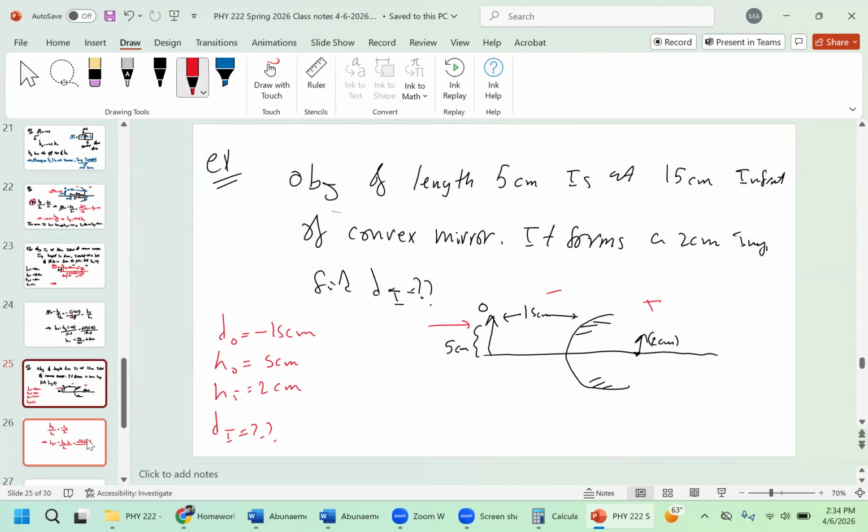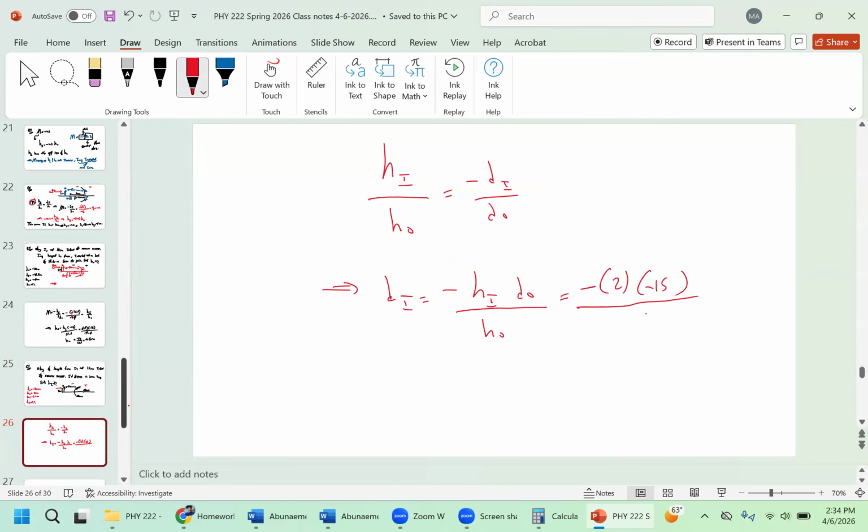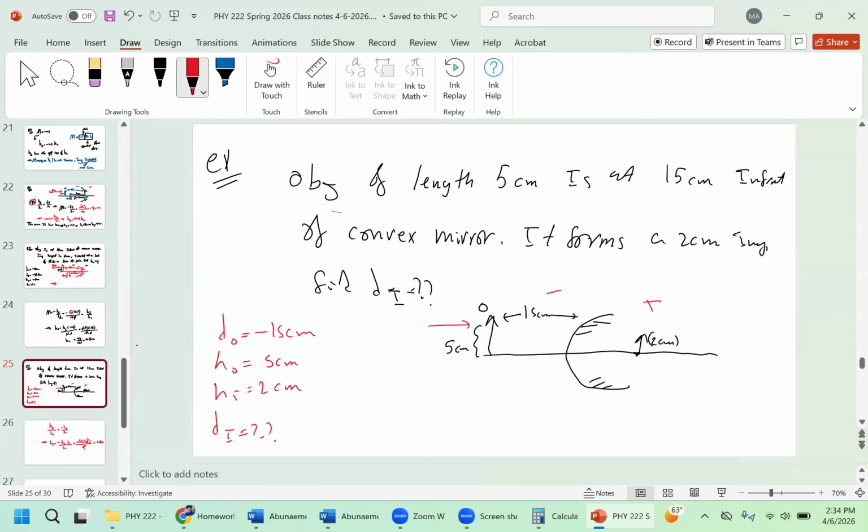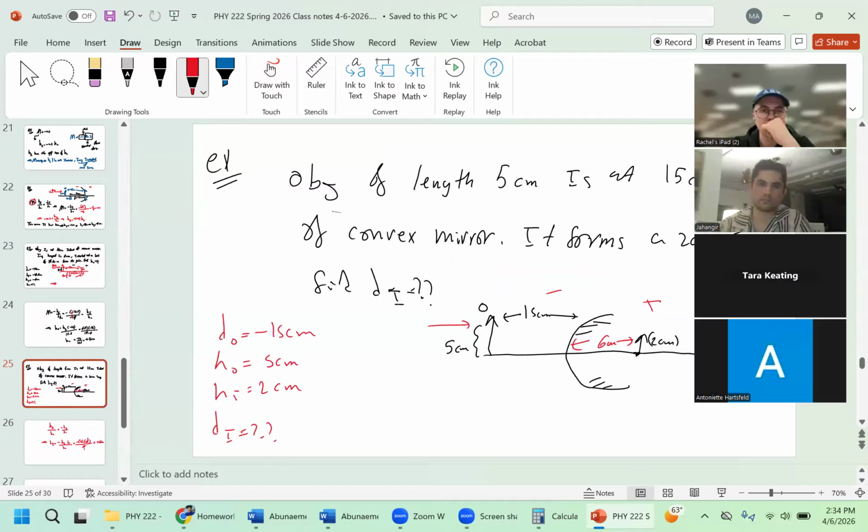Divide that by 5. And what you all should get? What is this? 5 divided by 1, 5, and this is 3. So what you get? Plus 6 centimeters. So the distance of the image is 6 centimeters and it's positive. So it's on this side. Do y'all see that?